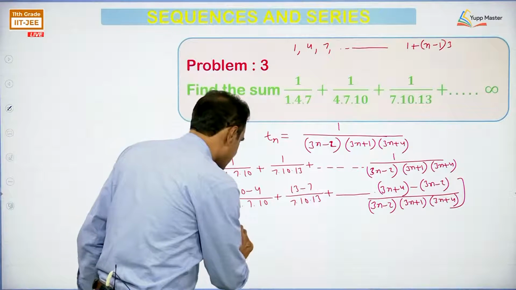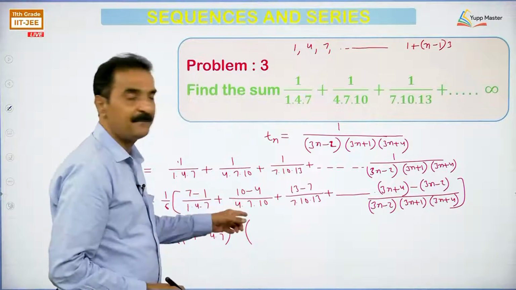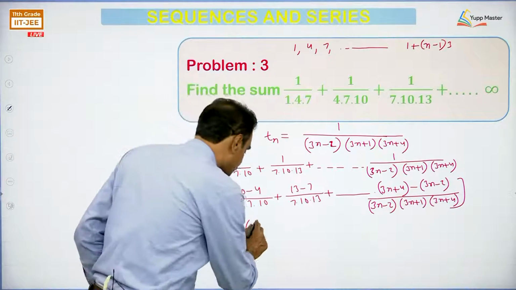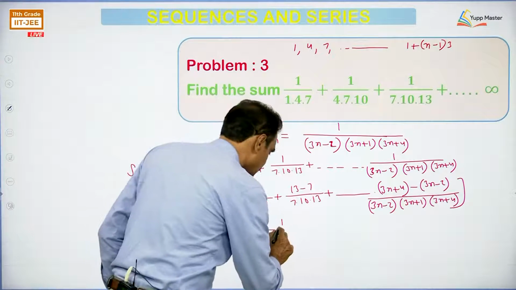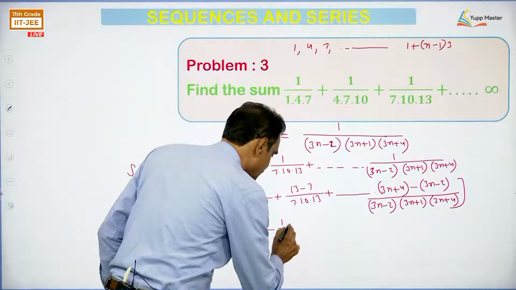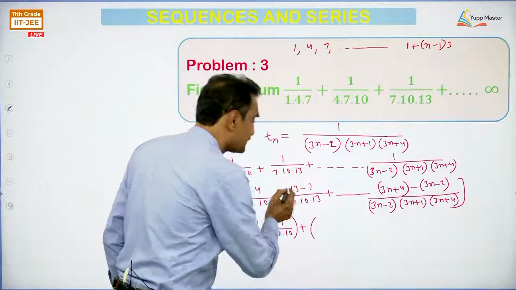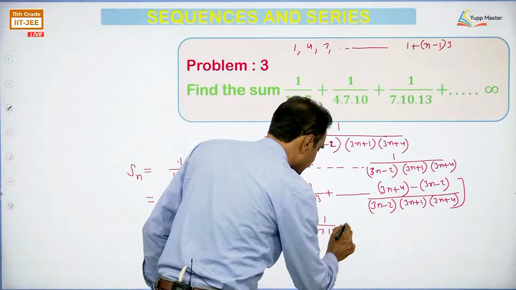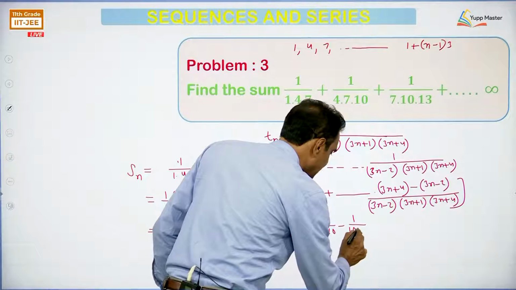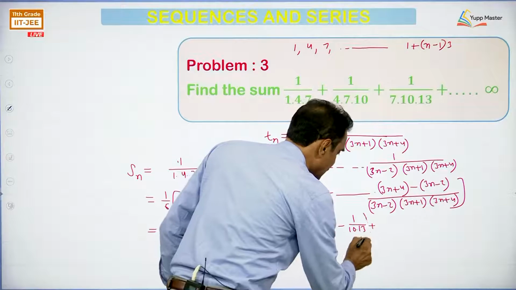Plus the next term, 10 by 4 into 7 into 10 is 1 by 4 into 7 minus 1 by 7 into 10. Next 1 by 7 into 10 minus 1 by 10 into 13 and so on.